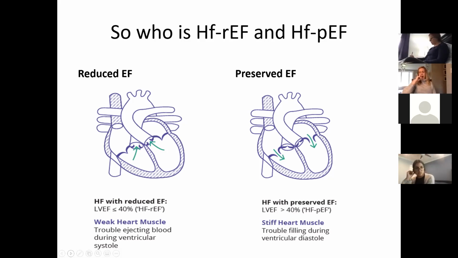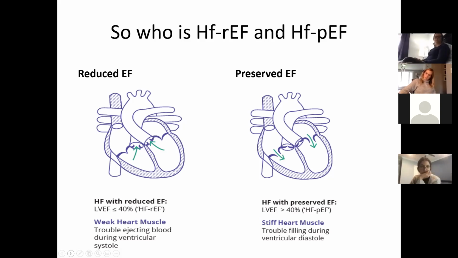And so this is the patient who has an EF of less than 40%, also known as the old systolic heart failure. And then the HFpEF, or heart failure preserved ejection fraction, is the old diastolic heart failure. And that is the patient who has a preserved ejection fraction greater than 40%, but oftentimes it's in the mid-50s.